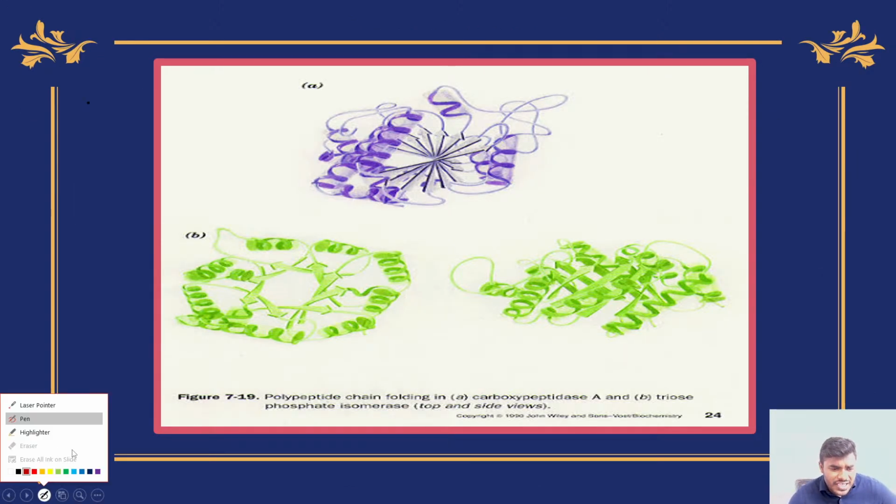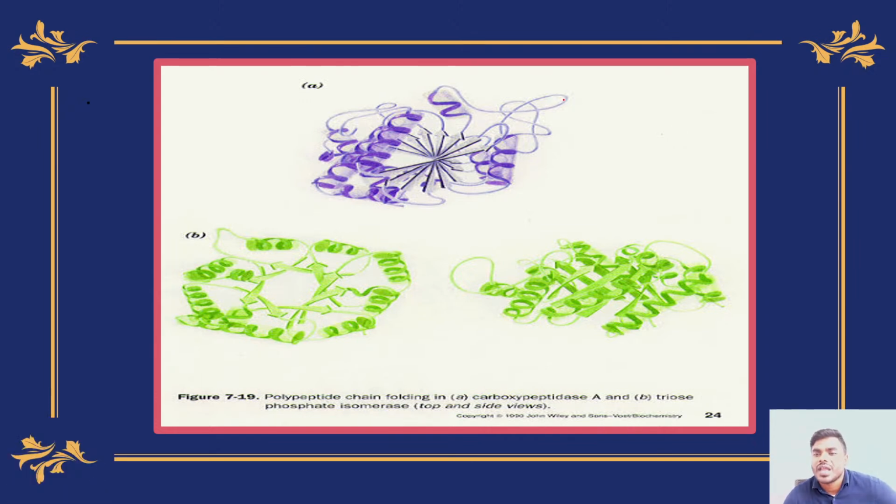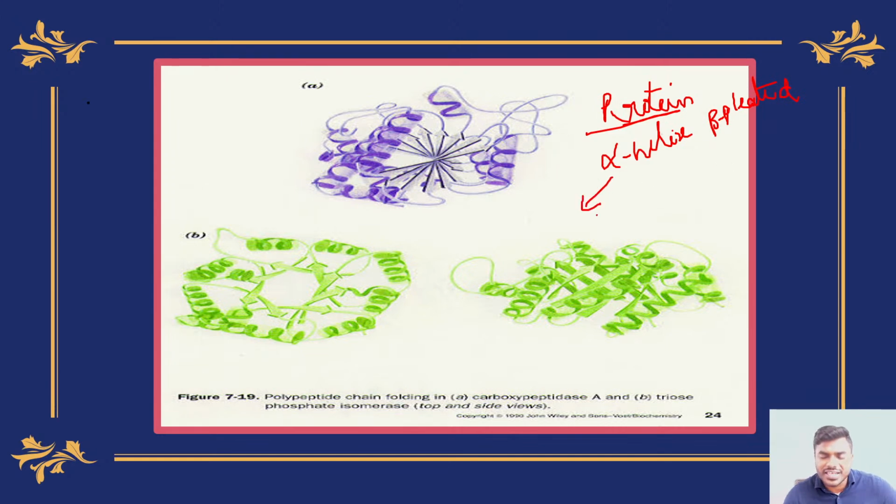And friends, please look into the diagram carefully. Let's take a protein. Please remember, friends, protein contains alpha helix and protein contains beta pleated sheets. Everyone keep it in your mind. The alpha helix in a protein is always arranged in the outer region, whereas beta pleated structures will always be located in the inner region.